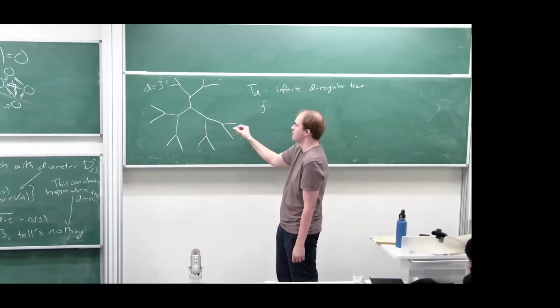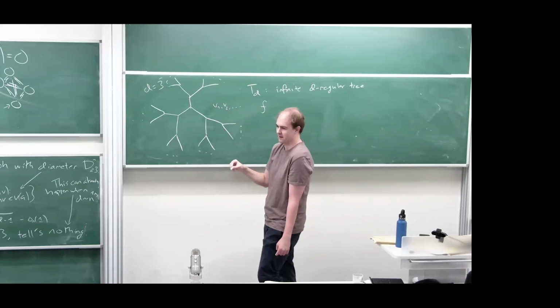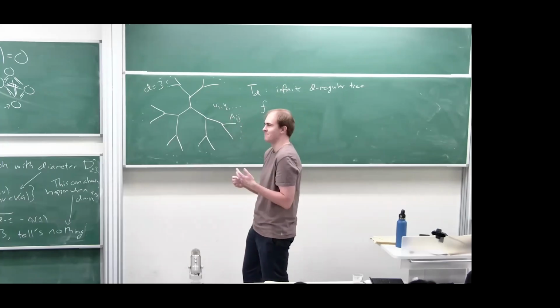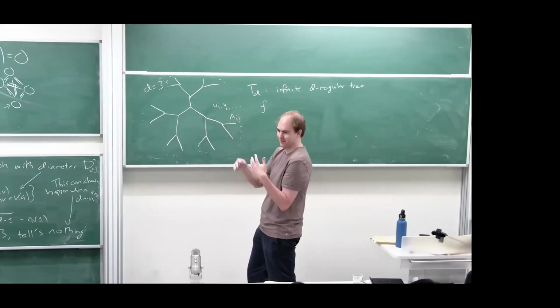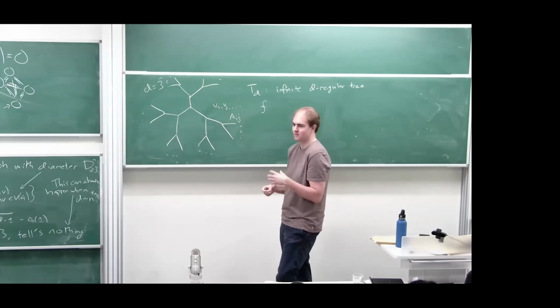so label these vertices as v1, v2, and so on, and then you can define an adjacency, I don't want to call it an infinite matrix, but you can think of it as a map where a_ij is 0, except that for each i there are 3 j's for which a_ij is 1.